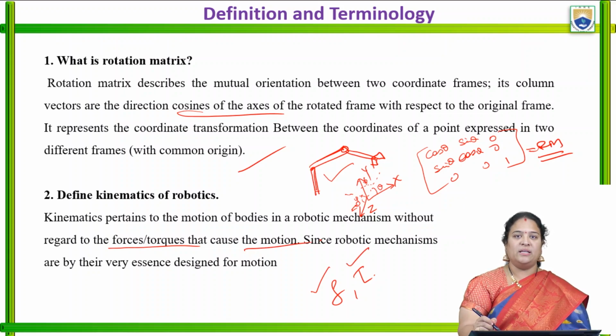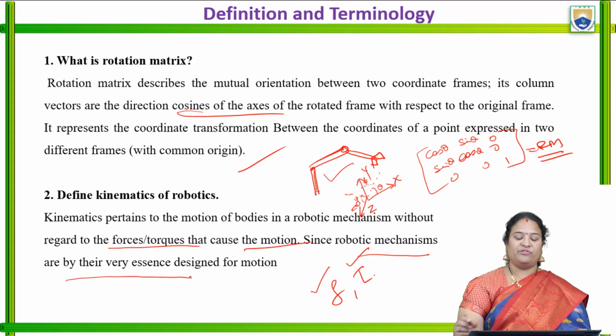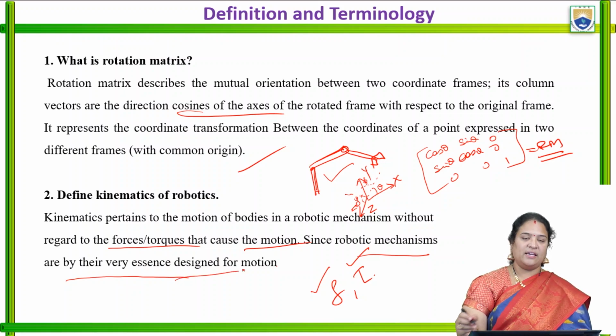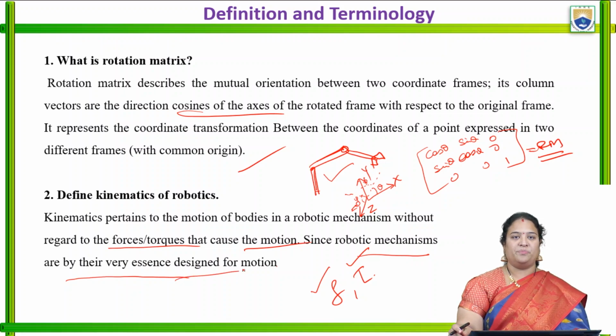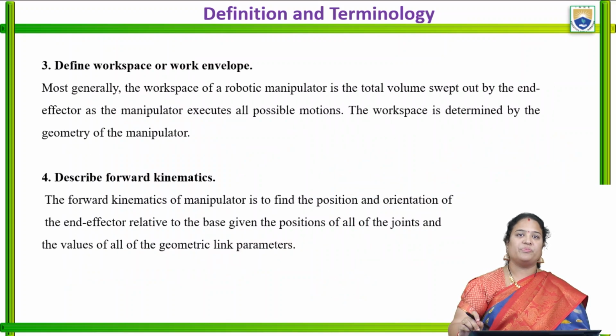That is known as the kinematics of the robot. Robot mechanisms are, by their very essence, designed for their particular motion.